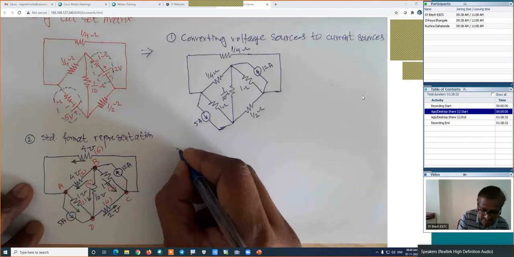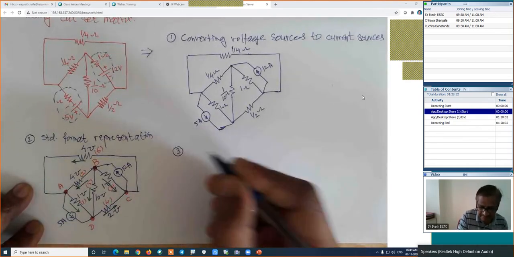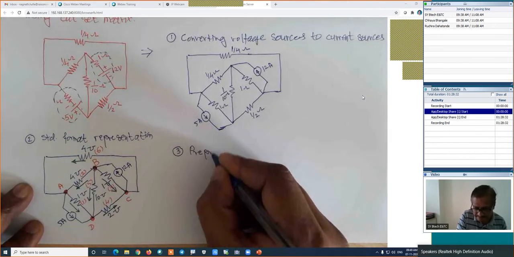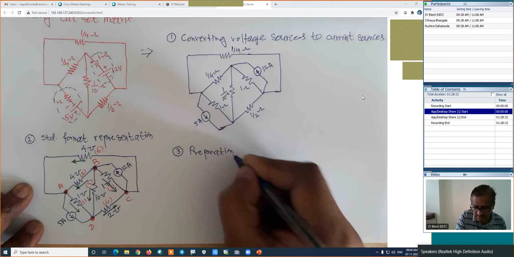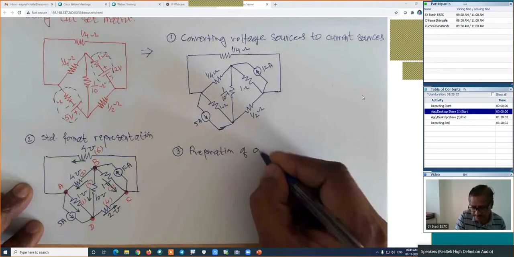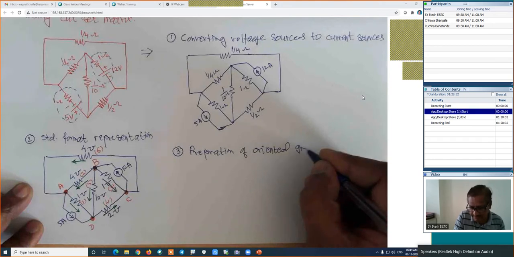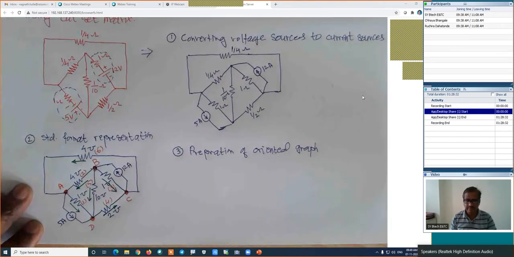I will write here, third point, preparation of the oriented graph, or directed graph. We will prepare its oriented graph.